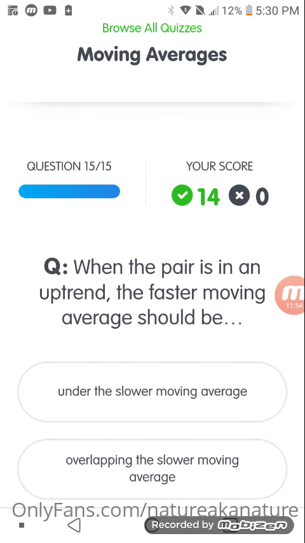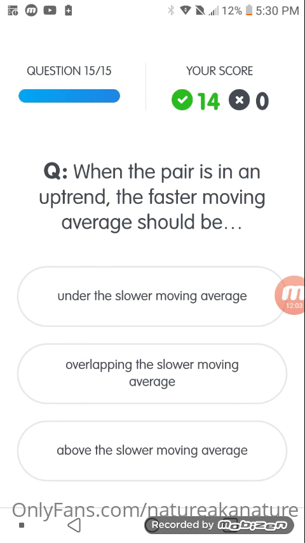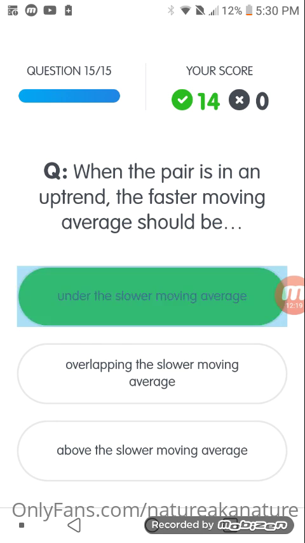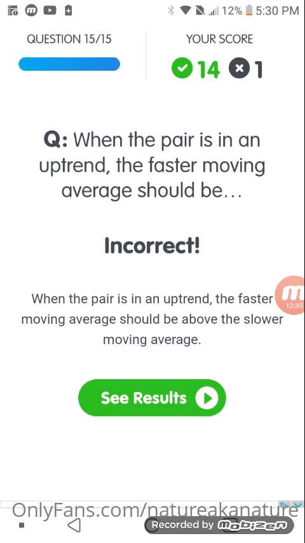When the pair is in an uptrend, the faster moving average should be above the slower moving average.